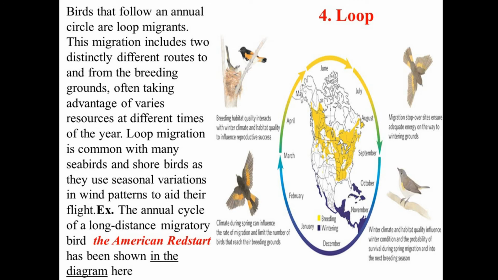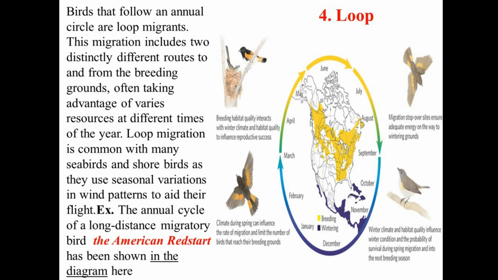Next is the loop, the fourth type of migration. Birds that follow an annual cycle are loop migrants. This migration includes two distinctly different routes to and from the breeding grounds, often taking advantage of various resources at different times of the year.